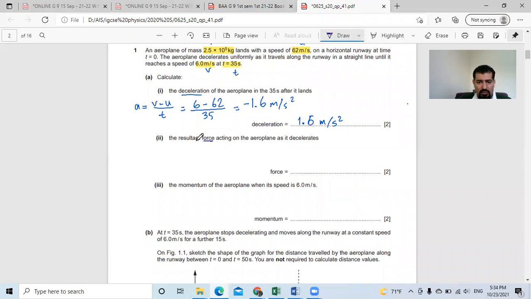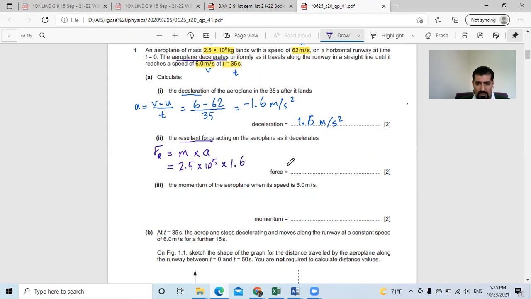Second part, they ask about the resultant force. After we find the acceleration or the deceleration, we know that the resultant force is equal to the mass of the airplane multiplied by the acceleration or the deceleration. This resultant force acts in the opposite direction since it makes the airplane decelerate. So the mass, 2.5 multiplied by 10 to the power of 5, that's given, multiplied by 1.6. If we did the previous part wrongly, it will be error carried forward, and they will accept our answer here.